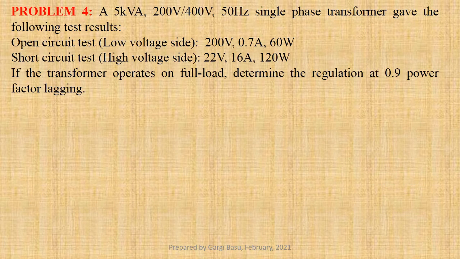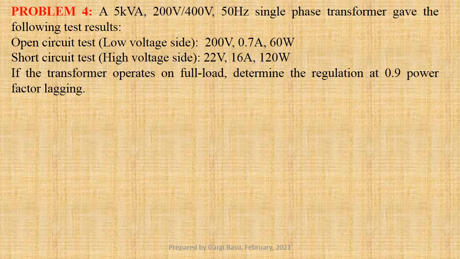Problem number 4. A 5 kVA 200 volt by 400 volt 50 Hz single phase transformer gave the following test results. During open circuit test, instruments were connected on low voltage side. Available data 200 volt, 0.7 ampere, 60 watt.